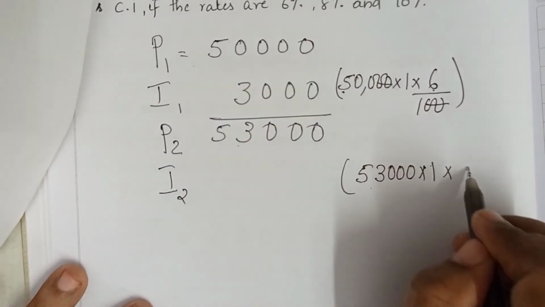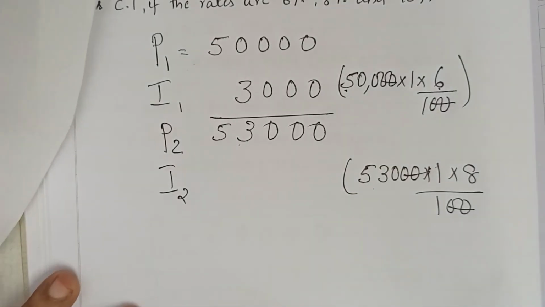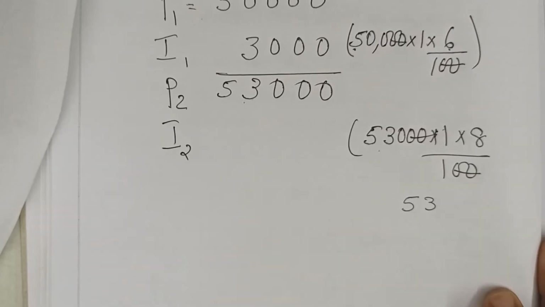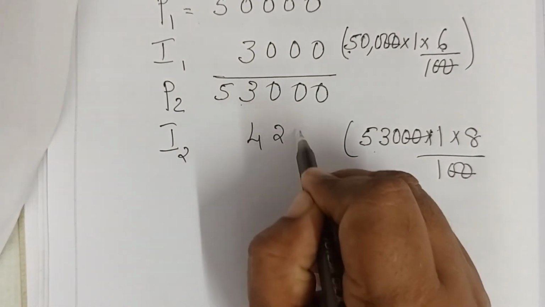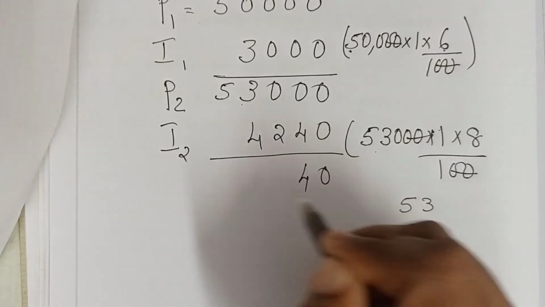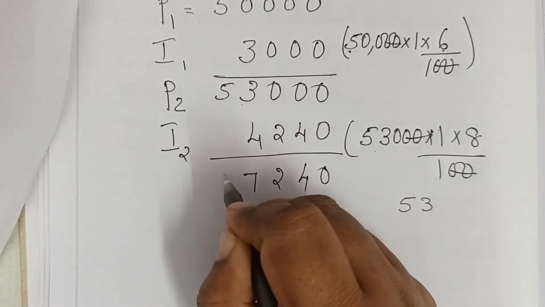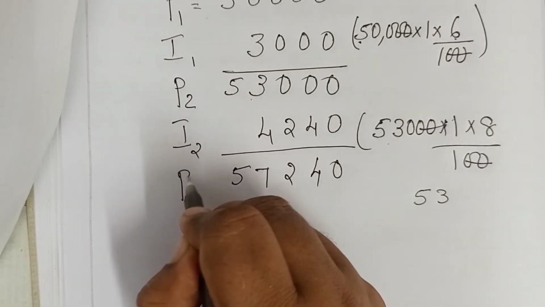Yes, 8%. Very good. 8 by 100. 100 cancel. Is it 4,240? On adding, 57,240. Understand? This is P3.